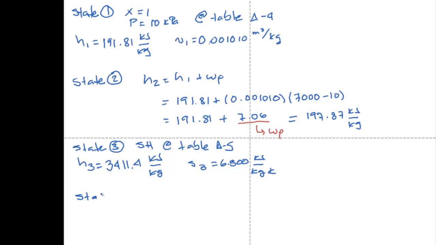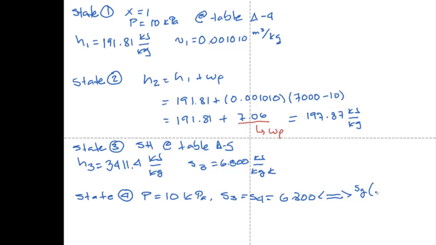State 4, we need two properties. We know one is the pressure. Pressure is 10 kilopascal. We need a second property, and we recall this is an isentropic turbine. So entropy 3 will be equal to entropy 4, which is 6.8. Now, how do we know what kind of state, or where is this state 4? We need to compare s4 with the entropy of saturated vapor at 10 kilopascal.